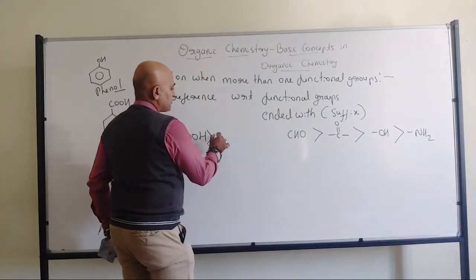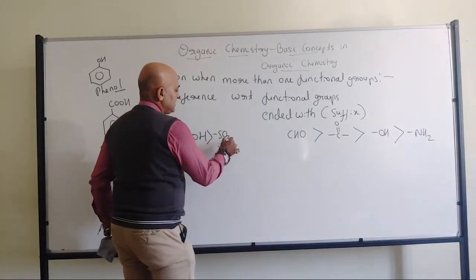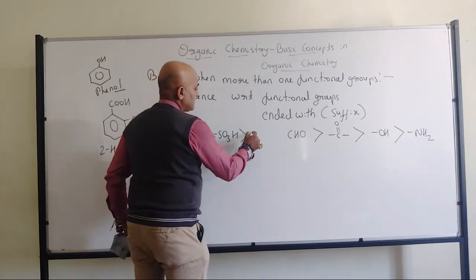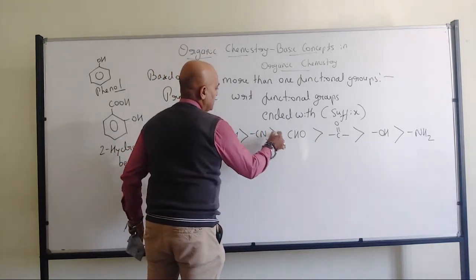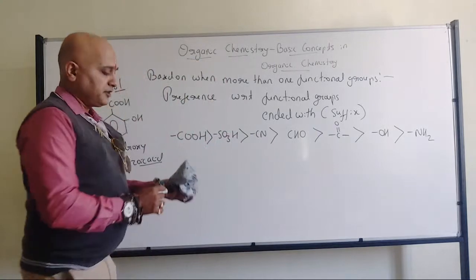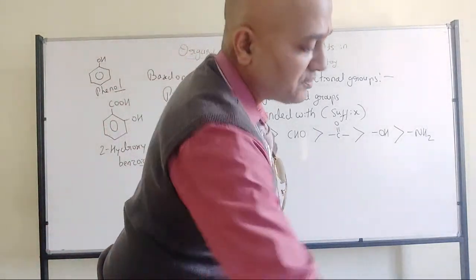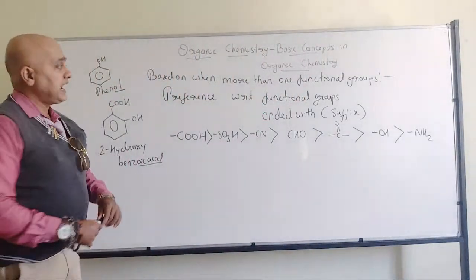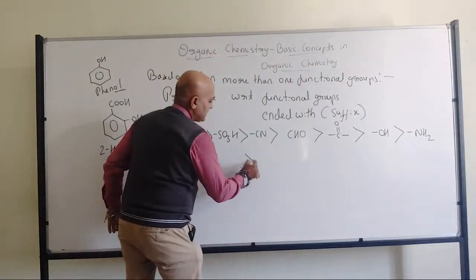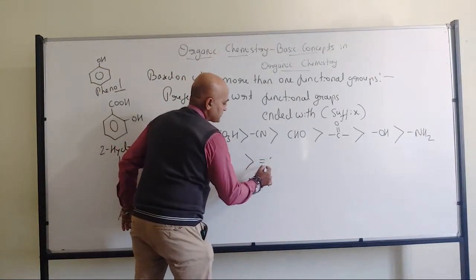Preference will be given to carboxylic acid. Then comes the sulfonic acid. Then comes the nitrile group. Then the aldehyde group. Like that, the list will go on. And lastly, we have the double bond.